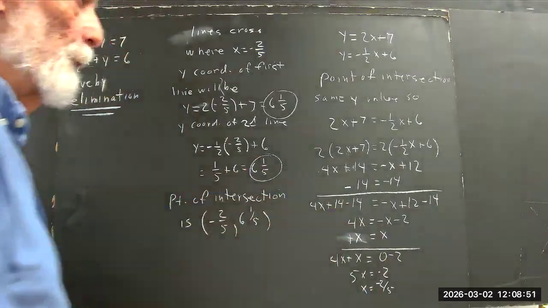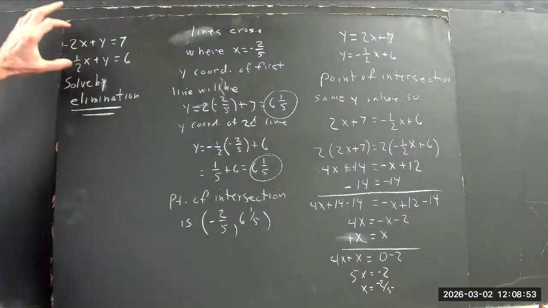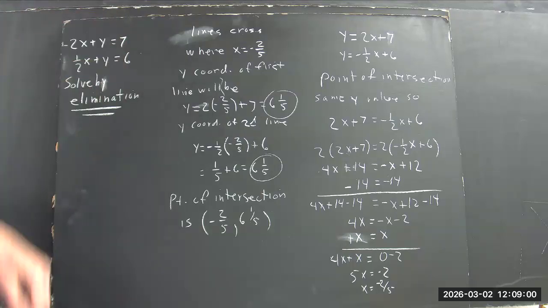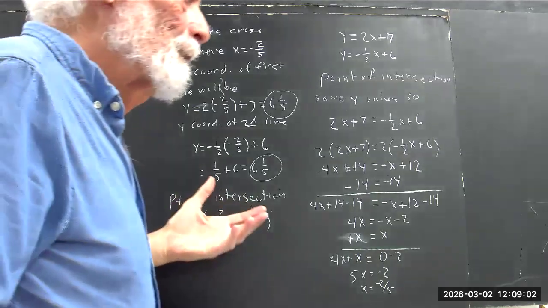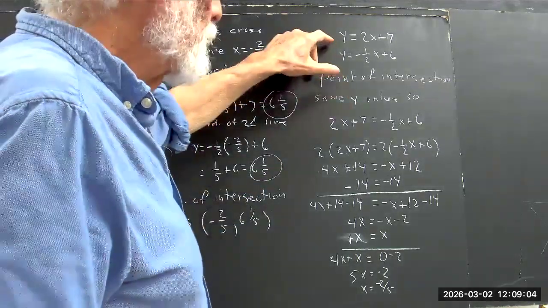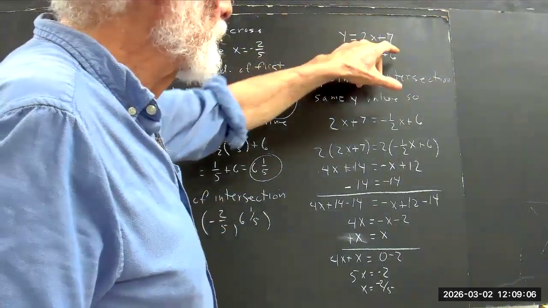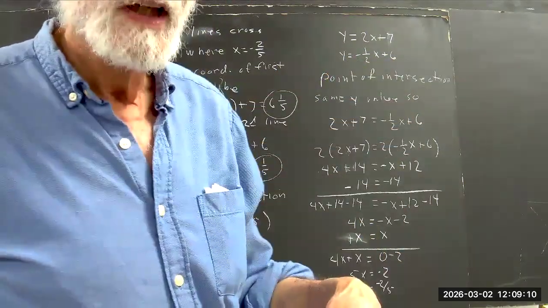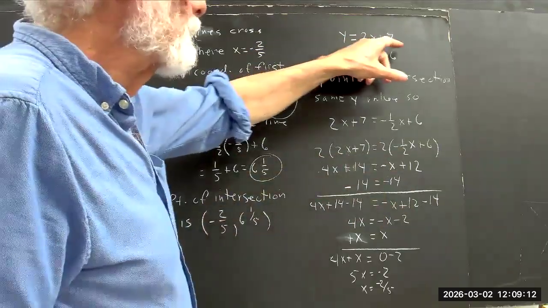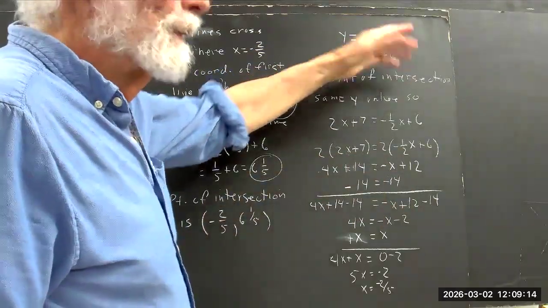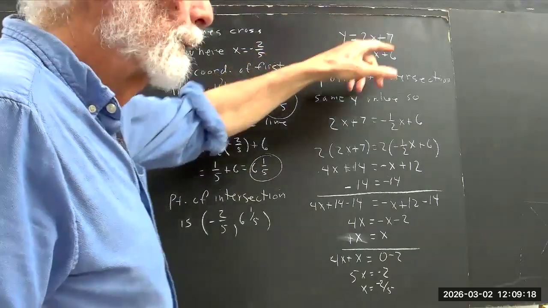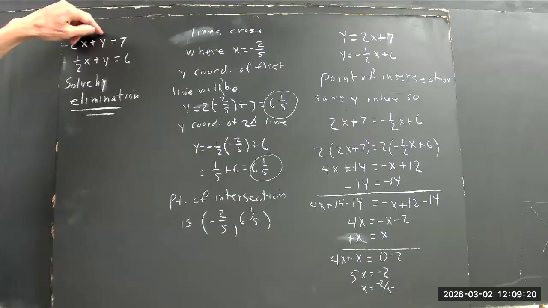Now, why did we come up with the same intersection point? Well, it's because the two equations, negative 2x plus y equals 7 and 1/2 x plus y equals 6, are completely equivalent to the original two equations, y equals 2x plus 7, y equals negative 1/2 x plus 6. All I did to the y equals 2x plus 7 equation was subtract 2x from both sides, which gave me y minus 2x equals 7. That was my first equation.